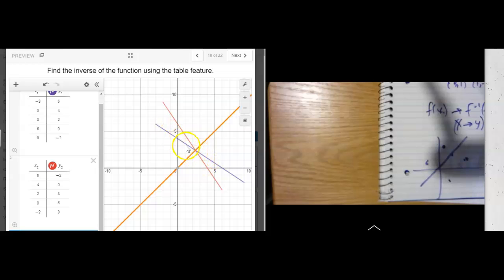So this blue one becomes this red one, and this red one becomes this blue one. Okay, that's what's happening there.